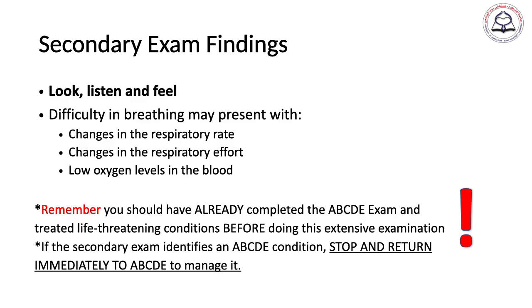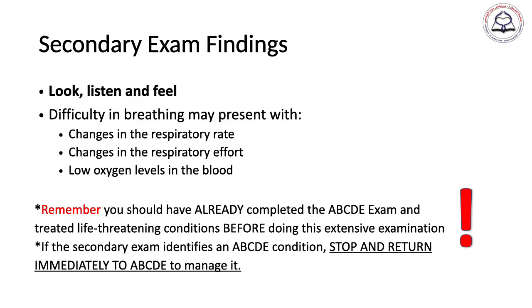So we should have completed the ABCD exam and treated any life-threatening condition before going for extensive examination. While we are doing the secondary survey, if we find any issues related to ABCD or life-threatening conditions, then we stop and go back to ABCDE.